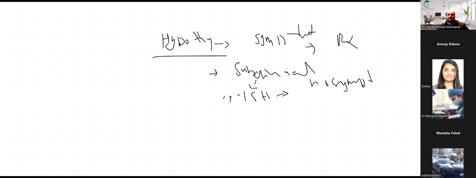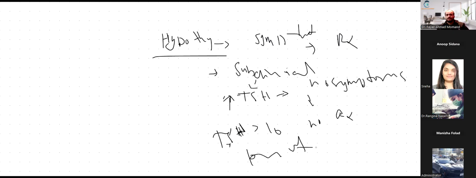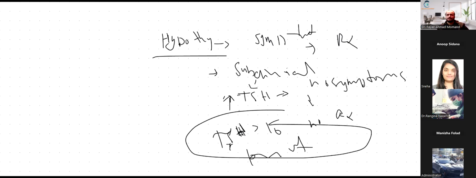Normally, if TSH is high and they're not symptomatic, we don't treat unless TSH is above 10, or the patient gets pregnant or has another concern that requires us to treat the low thyroid. Other than that, we do not treat subclinical hypothyroidism.